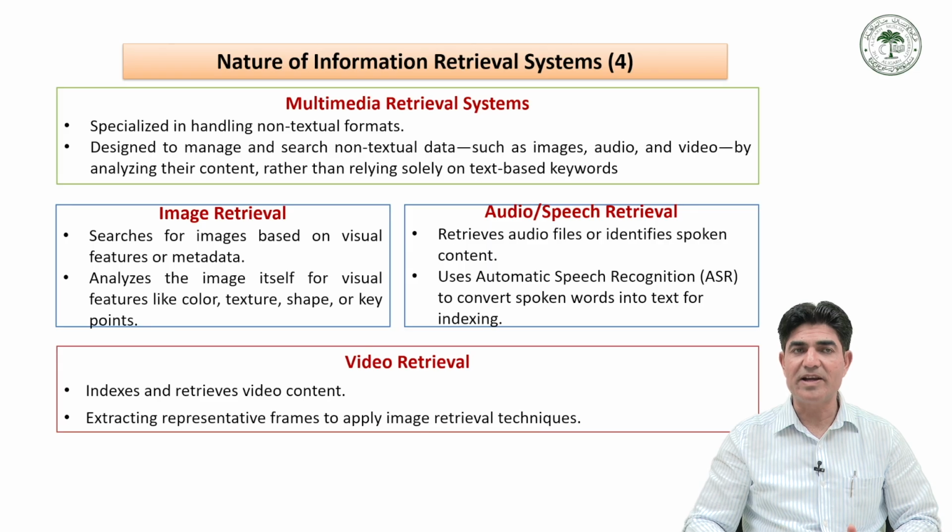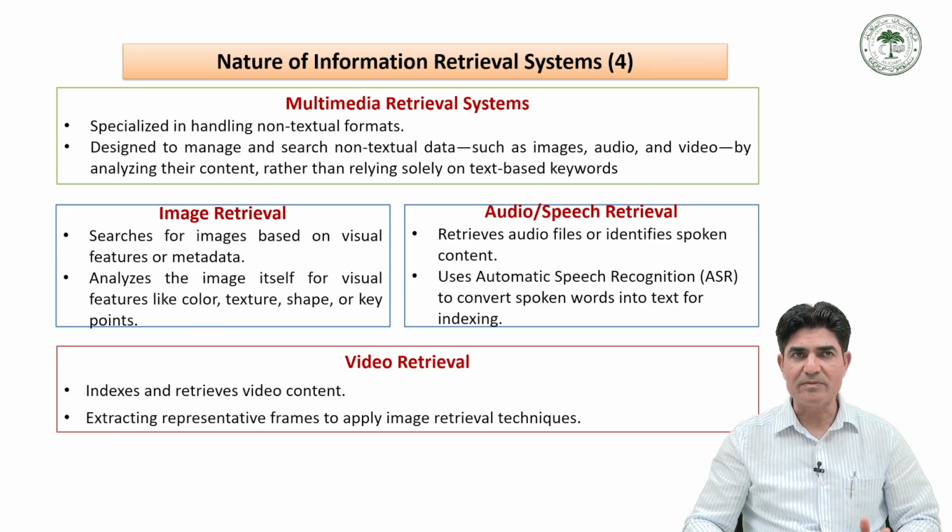Image retrieval means we are searching for images based on visual features, not the metadata, and we analyze the image itself for visual features like color, texture, shape, or key points. Audio or speech retrieval systems retrieve audio files or identify spoken content stored in the form of a file.